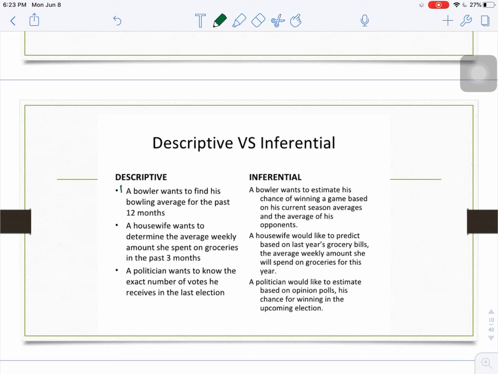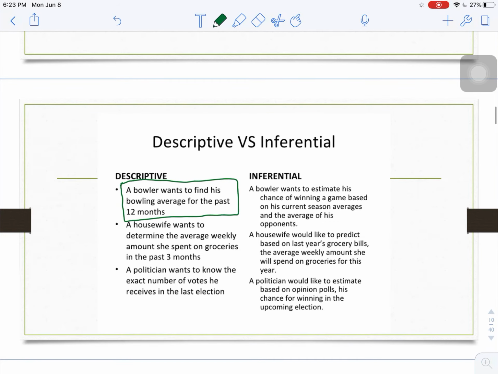Here are more examples of descriptive versus inferential. So here's the actual data for the bowler. A bowler wants to know his average for the past 12 months. The inferential statement would be that a bowler wants to estimate his chance of winning based on his current average.